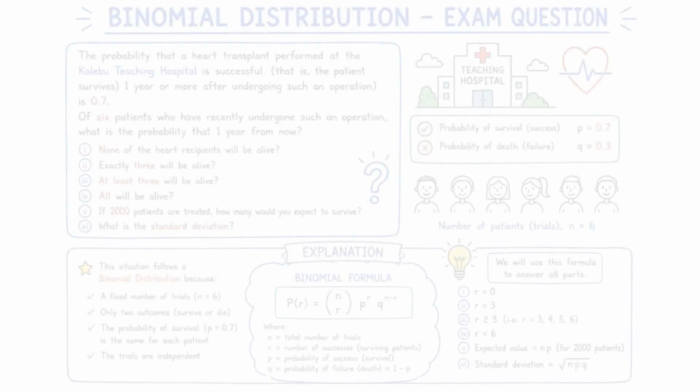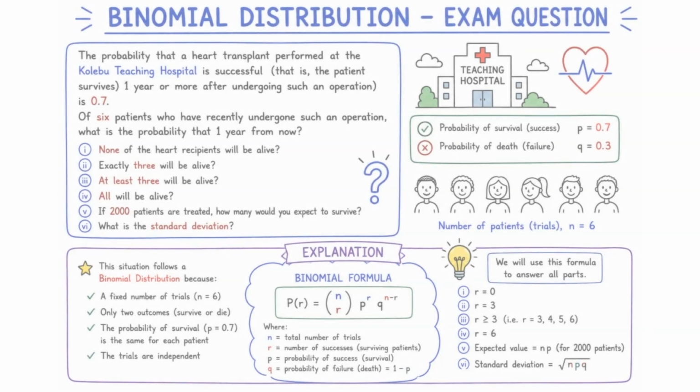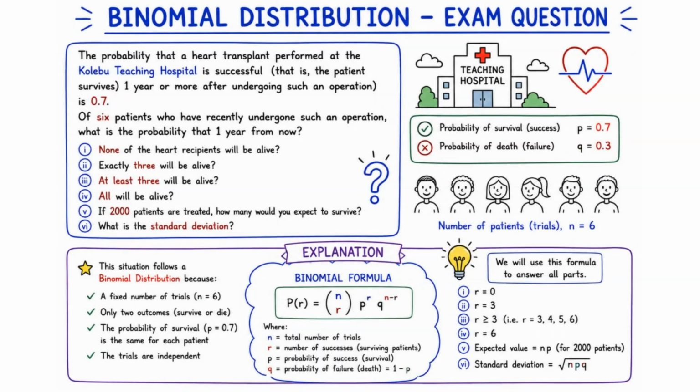Before touching the calculator, the first thing we must always do is understand the information given. Now, the question tells us that the probability that a heart transplant is successful is 0.7. That means every patient has a 70% chance of surviving after 1 year.